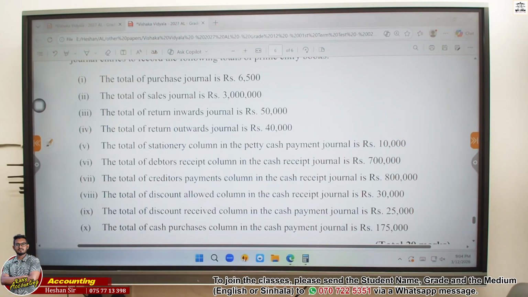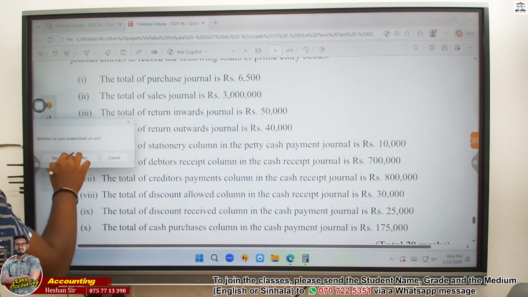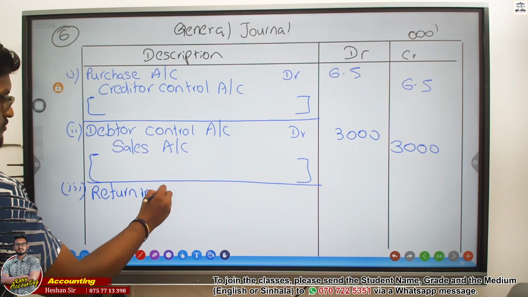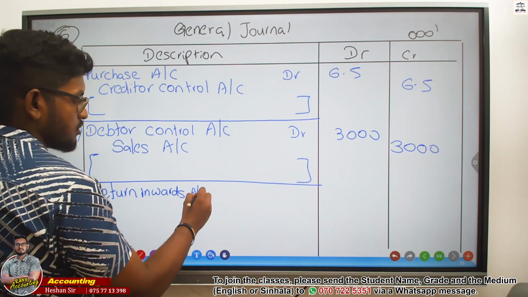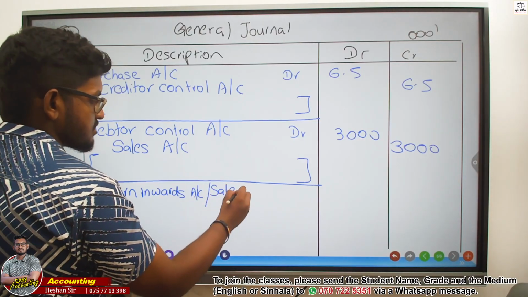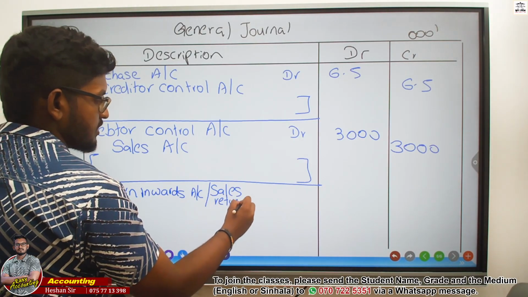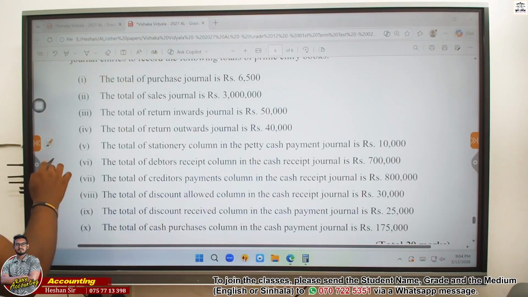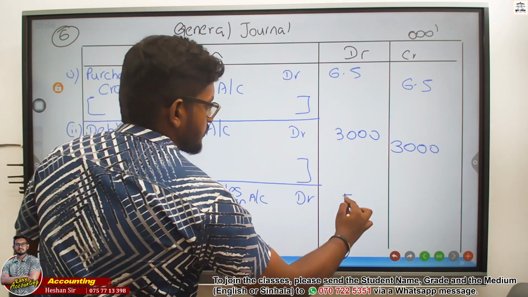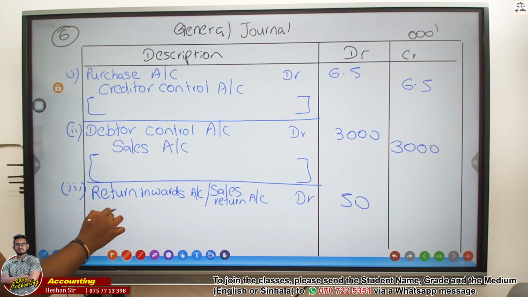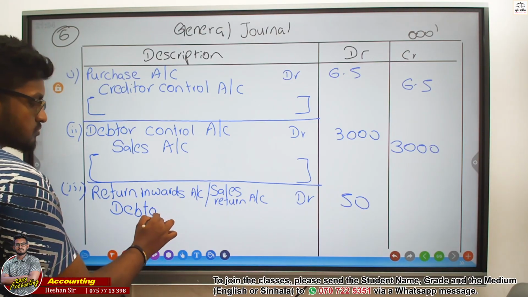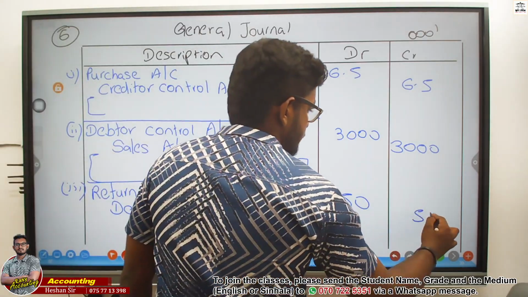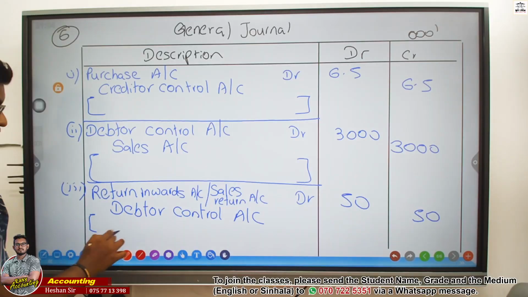So return inwards account for the sales return account debit, how much? 50. Debtor control account credit 50. You can write the narration.